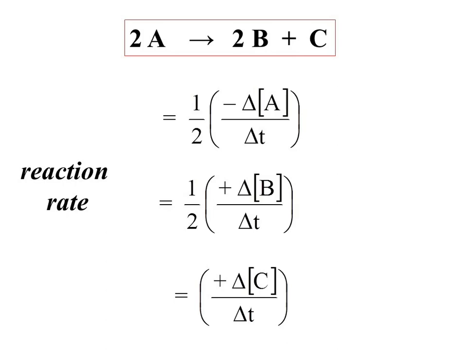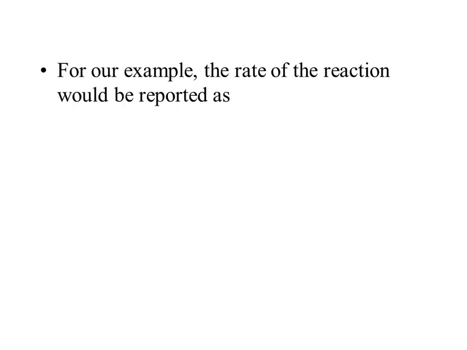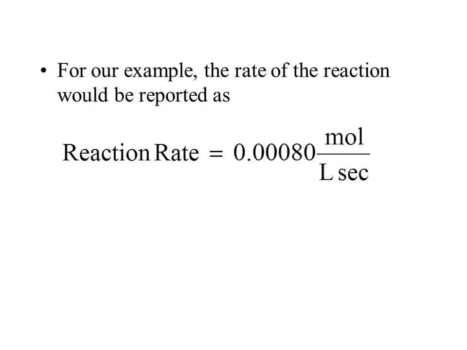So regardless of whether you're tracking the change of A, B, or C, it's got to be the same reaction rate. And this is the way it's done. Makes sense, I think. Okay, so the reaction rate in the example we looked at, where you were given information about the concentration of A at 2 times, the real reaction rate would be 0.0080 moles per liter second.